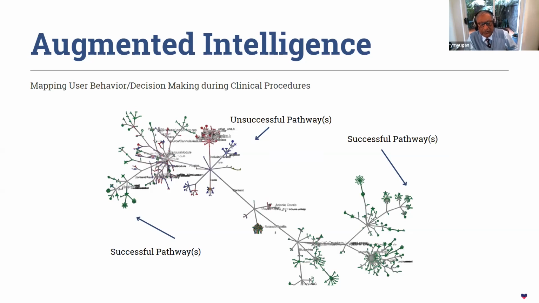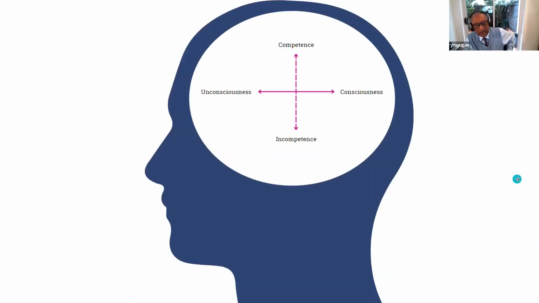All of this is such, and if I could have the next slide, please, that with repeated user experiences, the learner user attains a degree of competence whereby he moves from being consciously competent in the upper right to unconsciously competent in the upper left.